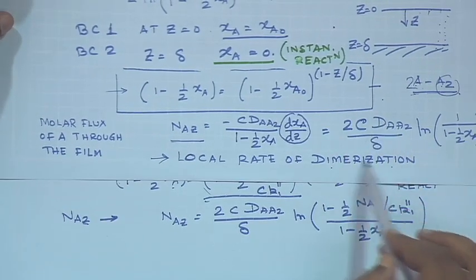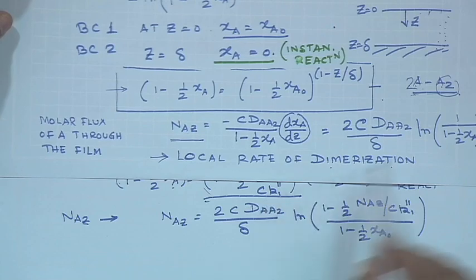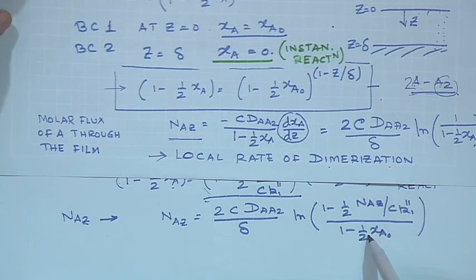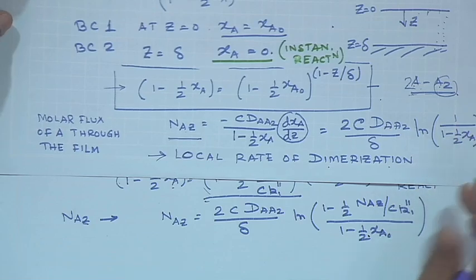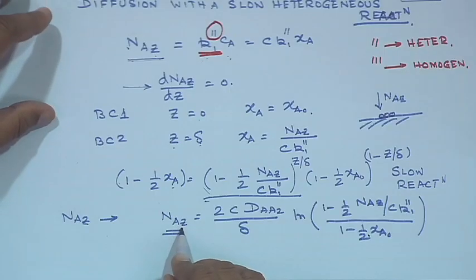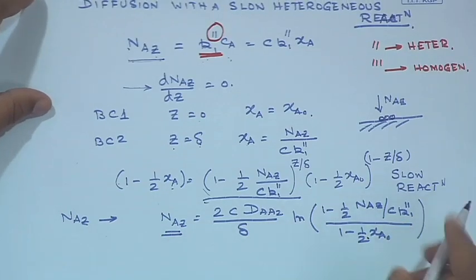Okay. So, this term remains the same, this term remains the same, but this one over here, the denominators are the same, but the numerator is different. So, this is the rate of conversion of A in terms of the other parameters.